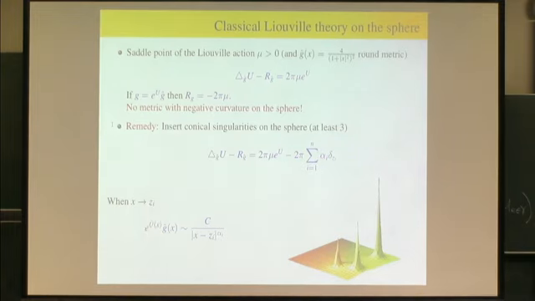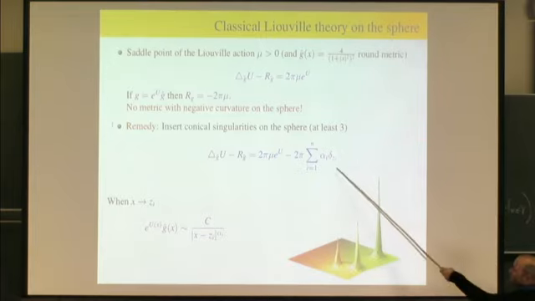Actually, you find a solution as soon as the Gauss-Bonnet theorem is satisfied. Basically, the Gauss-Bonnet theorem tells you that if you integrate this relation, you get that the sum of the alpha_i minus 4 must be positive. And you've got another relation on all the alpha_i, all the singularities.